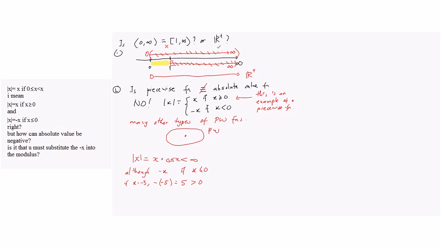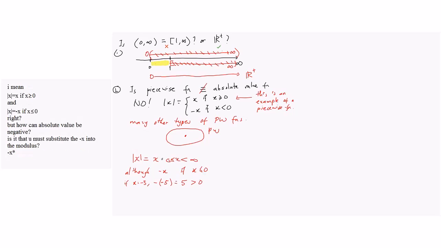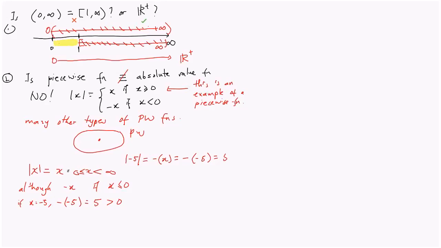It's just like this. Let's say you are evaluating a negative modulus of a negative number, let's say negative 5. All you will do is just follow along. So negative 5 is a negative number, so you use the formula negative x. But then negative x is actually equals to negative of negative 5. So that will be 5. You don't substitute the negative x into the modulus.